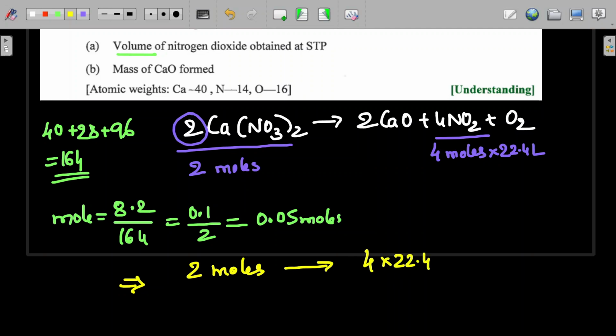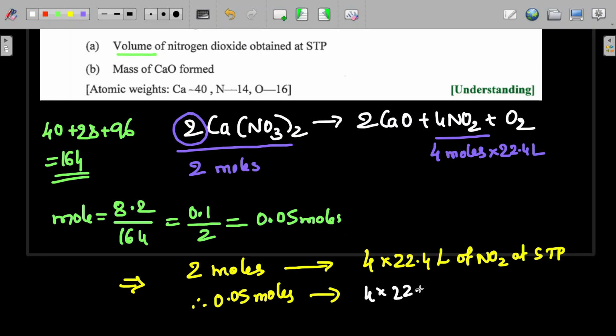Now you know 2 moles of calcium nitrate will give you 4 into 22.4 liters of NO2 at STP. Therefore, 0.05 moles will give you how much? So cross multiplication, same thing. 4 into 22.4 into 0.05 divided by 2.